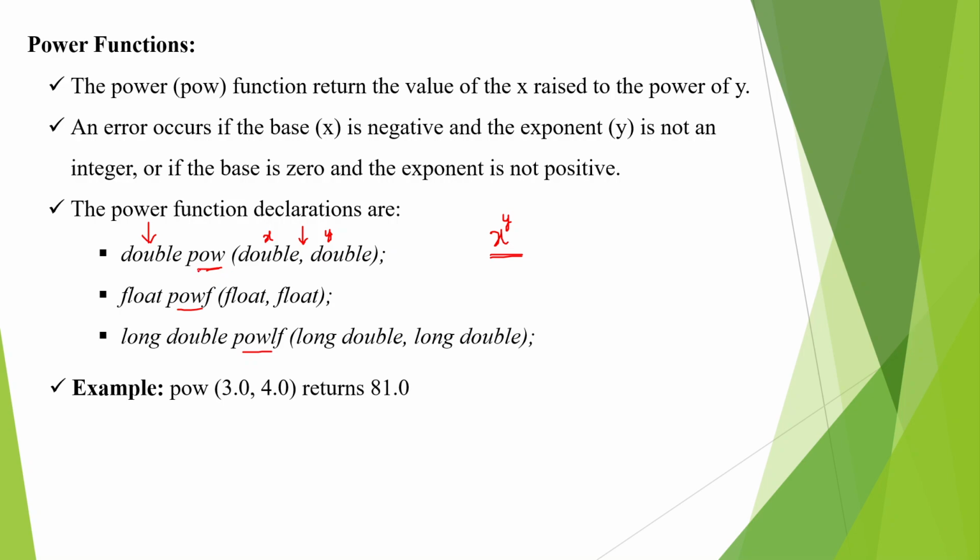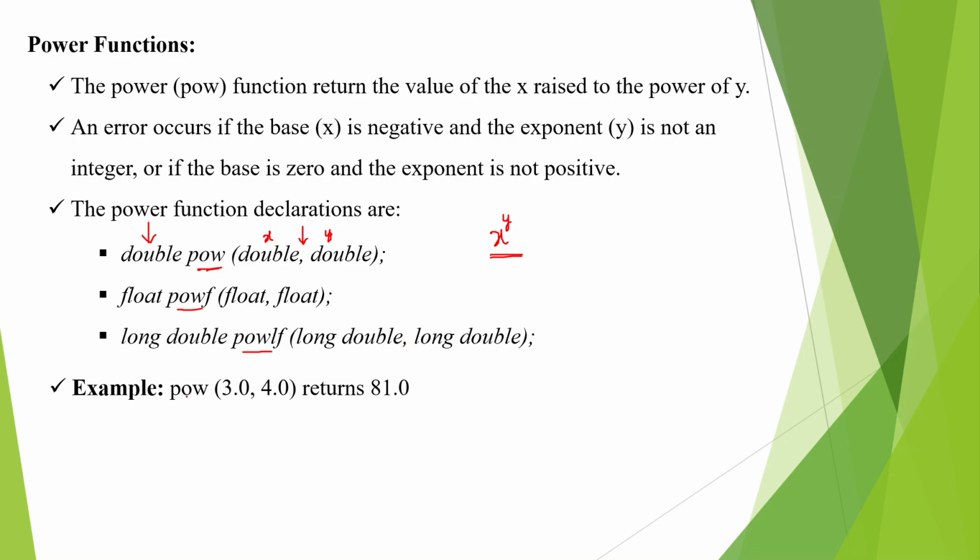This normal power is used with double types, powf is used with float types, and powl is used with long double types. An extra f is given.